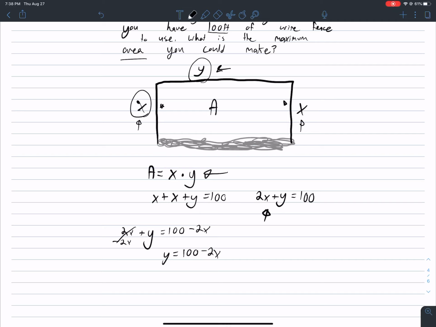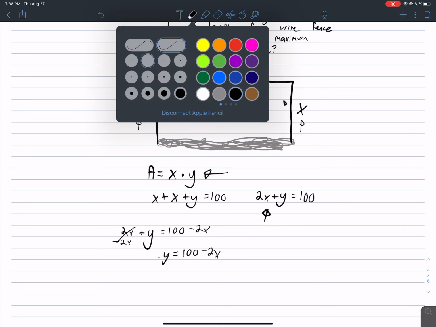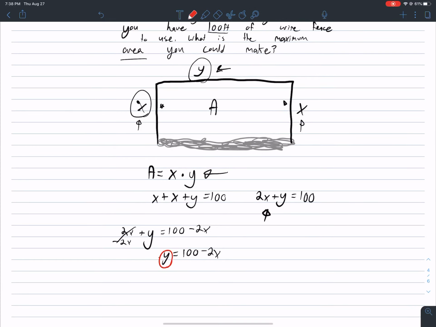Now you can plug that in for that y, so you'll get A equals x times (100 minus 2x). To make things a little easier, I'm going to distribute that x, so it's 100x minus 2x squared.